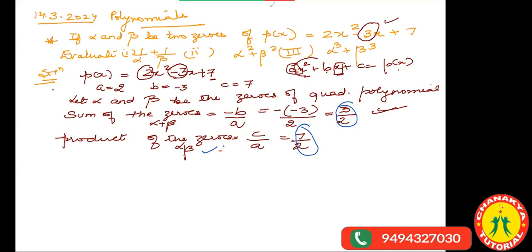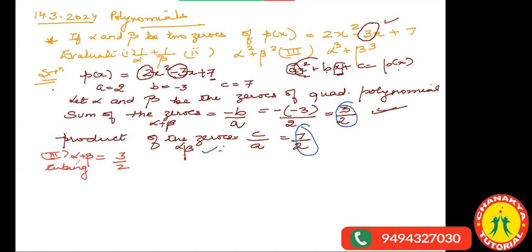Okay, now in the third part, you have to find alpha cube plus beta cube. So alpha plus beta is equal to the given 3 by 2. So children, now for solving, we have to find the cube.